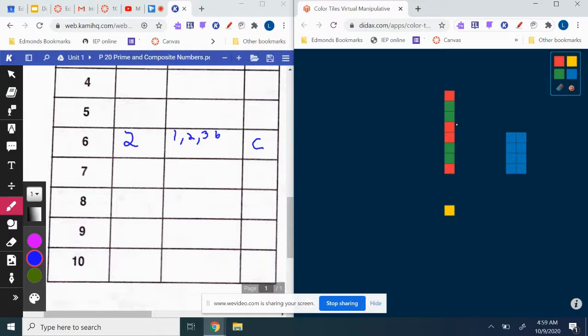So let's try if I can go 3 across. 1, 2, 3, 4, 5, 6. That square doesn't want to go there, does it?